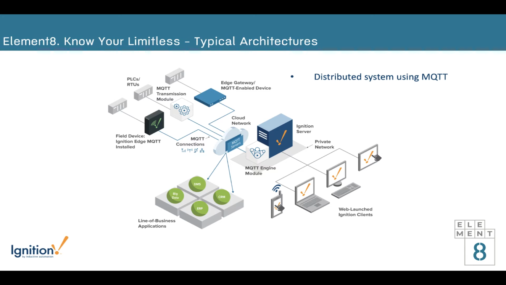There are some devices that only have the MQTT Transmission module installed, but they all talk back to a cloud hosted MQTT server, and then my central Ignition server can get those tags and data that have been published to that server to visualize in Perspective. So we can really build out these more distributed architectures from that perspective.